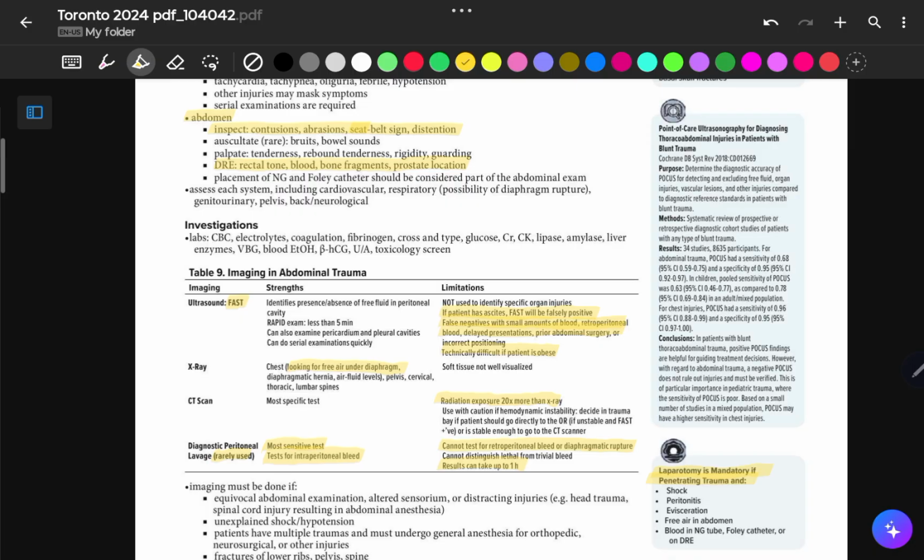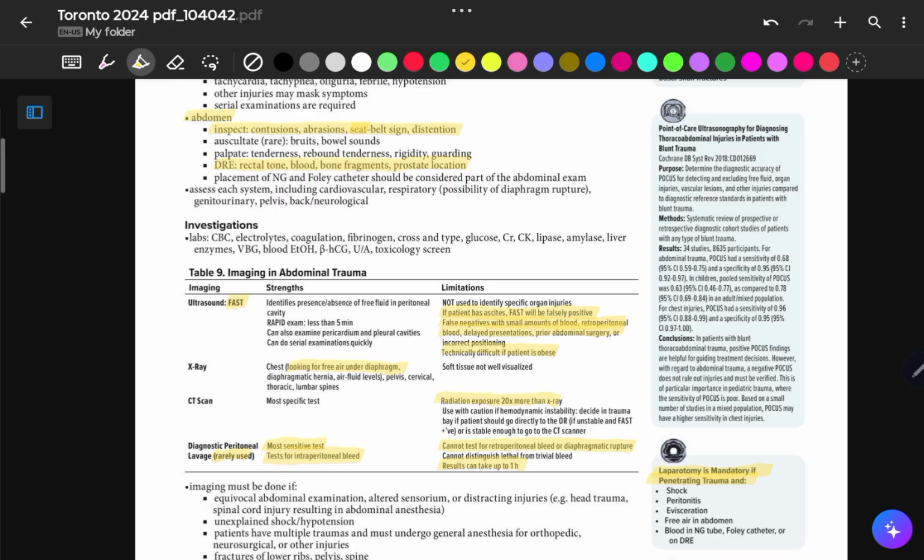Diagnostic peritoneal lavage is rarely used. It is a more sensitive test for intraperitoneal bleed, but it cannot test for retroperitoneal bleed or diaphragmatic rupture, and cannot distinguish trivial bleed. The result can take over an hour, so it takes a lot of time.